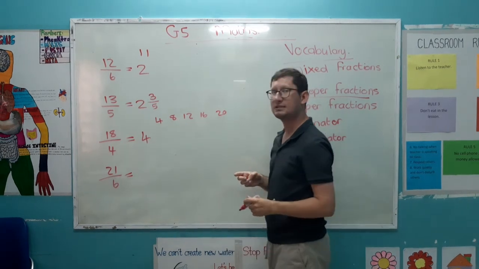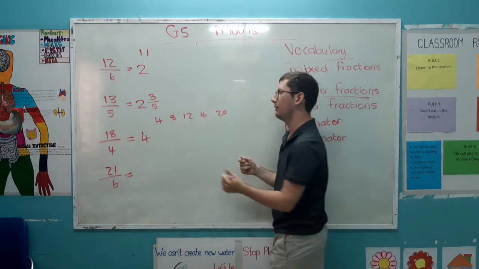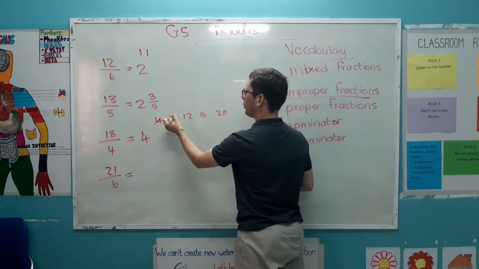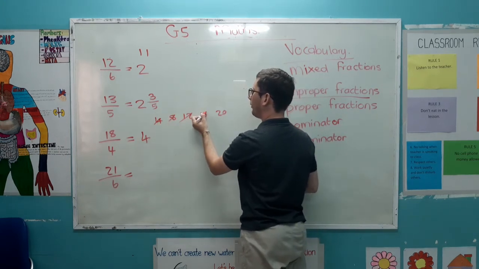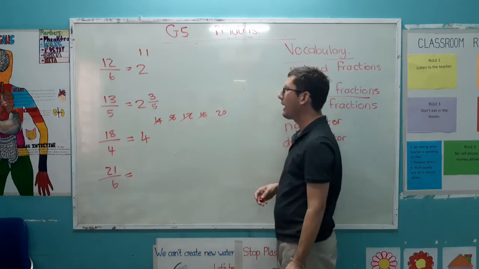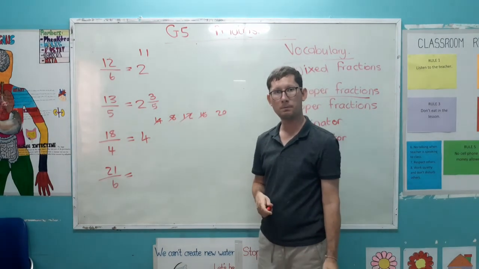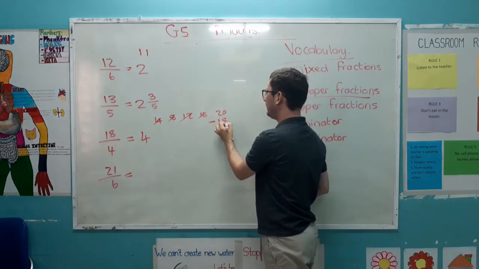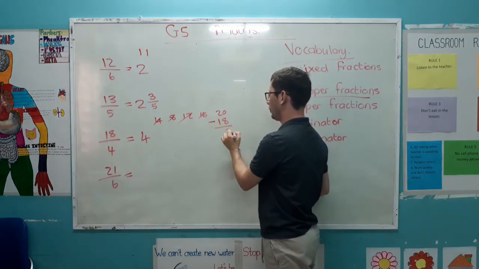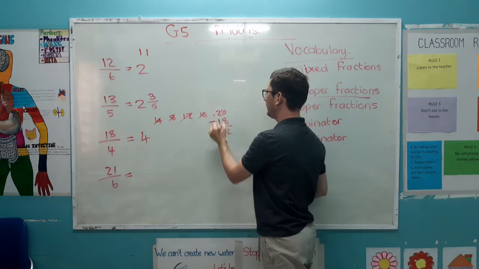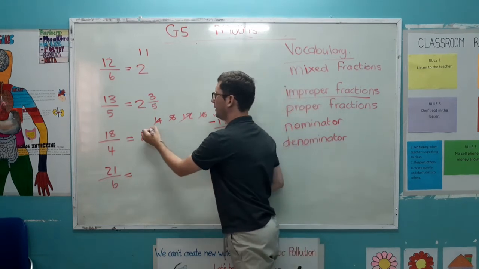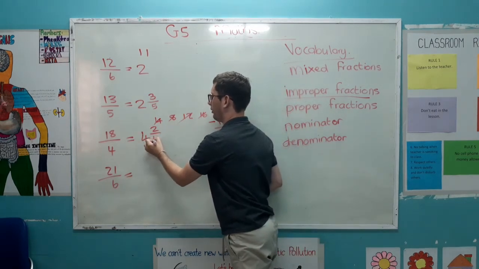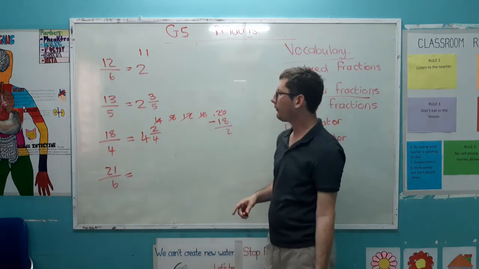So 4 goes into 18 4 times. And what's the remainder? 18 minus 16 is 2. So it would be 4 and 2 over 4.